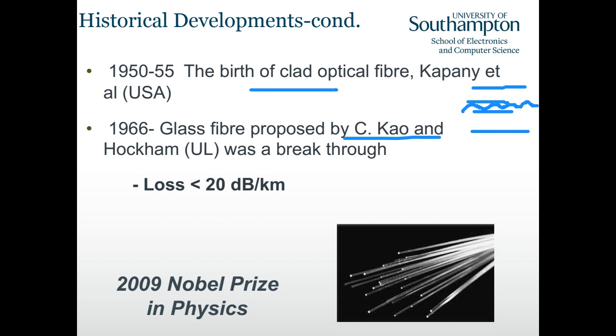The loss can be really low, so a fiber can extend really far. It can connect, for example, America and Europe. For this, Sir Professor Charles Kao received a Nobel Prize in Physics in 2009.